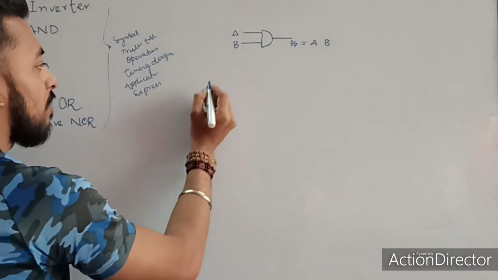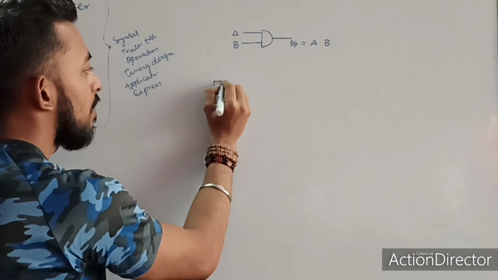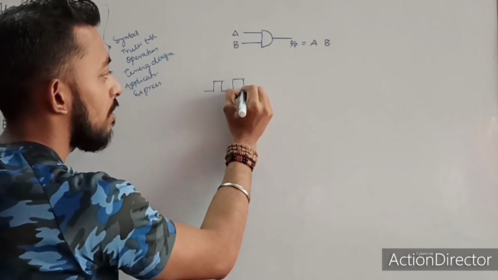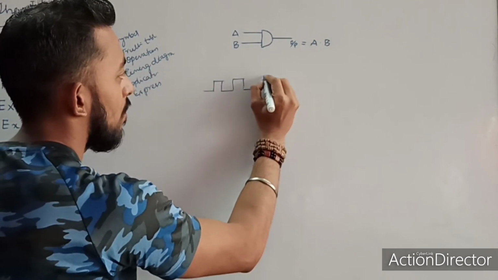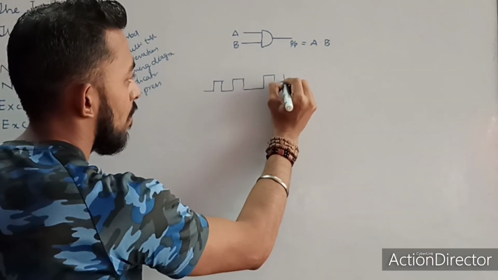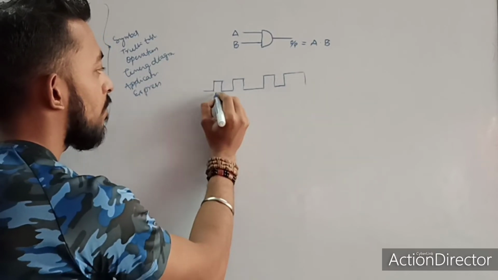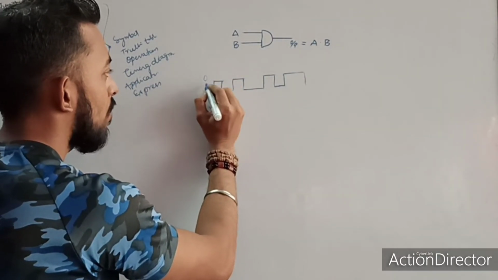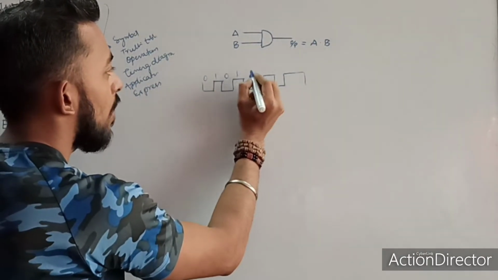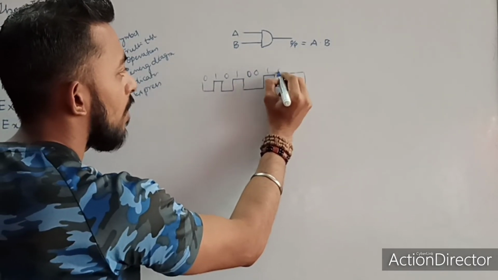Then suppose I am applying a signal waveform like this. This input is nothing but 0, 1, 0, 1, 0, 0, 1, 0, 1, 1.